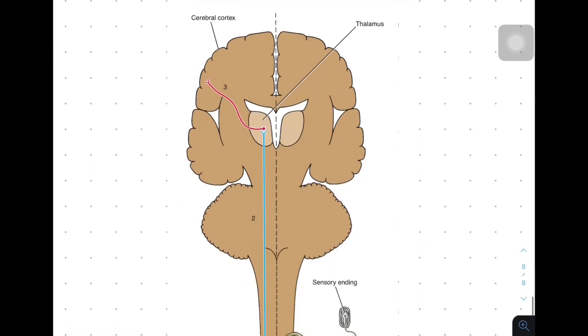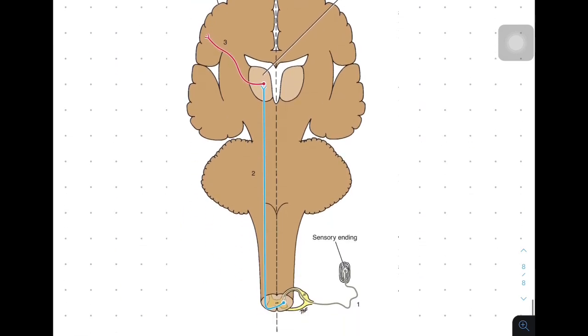Now I'll give a small idea regarding how the first, second and third order neurons are found in the ascending tract. The first order neuron is the neuron which begins at the sensory ending. It carries the sensation. From there it moves via the dorsal root ganglion and ends at the posterior root.